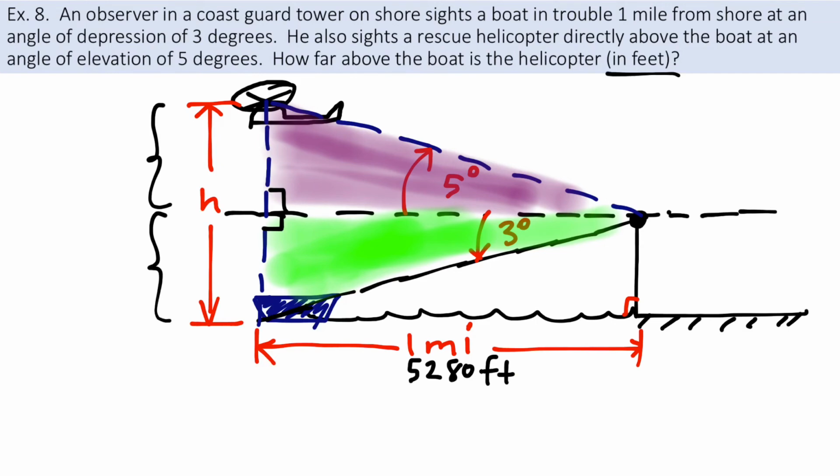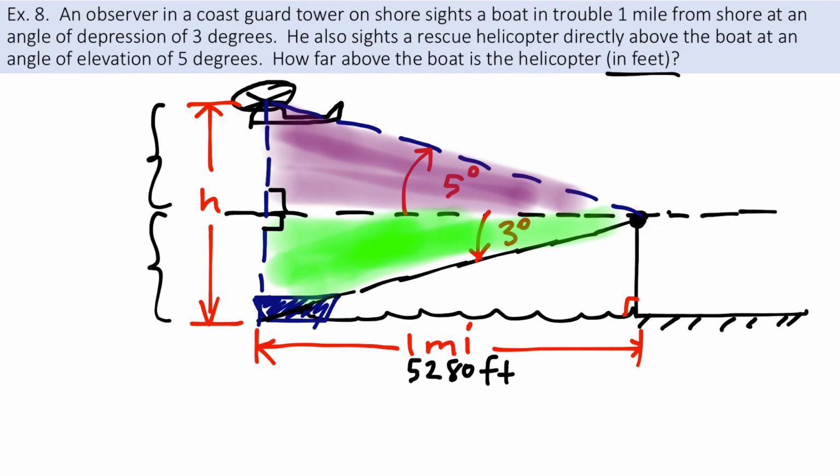I'm going to stand on my angle of 3 degrees, and I'll just imagine the arrow so I don't make my drawing too messy. This is my opposite side, and this 5,280 feet is the distance from here to here, my adjacent side. Working with opposite and adjacent, that would be tangent.